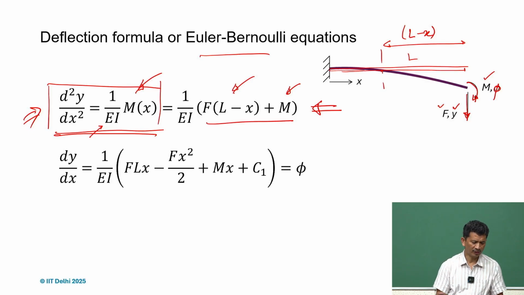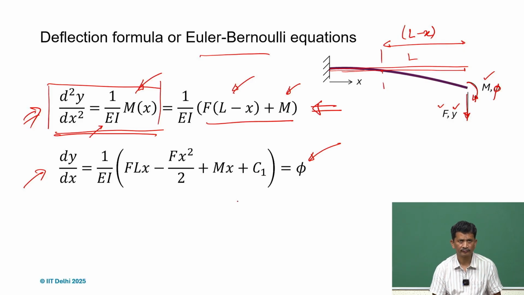So if we want to find the angular deflection, dy by dx, we integrate once. So 1 by EI, and then FL with respect to x. If we integrate, we get FLx. Then we have minus Fx, so we get Fx squared by 2. We have M, so M will give Mx, and then a constant c1.